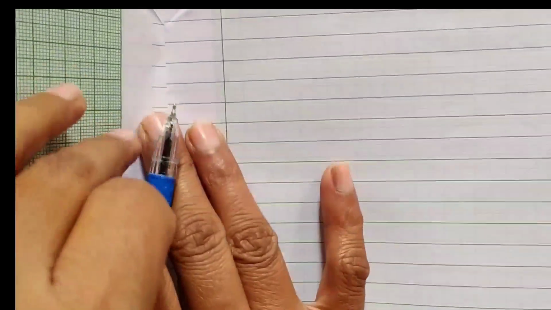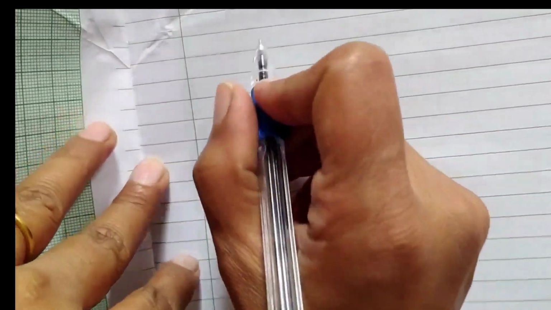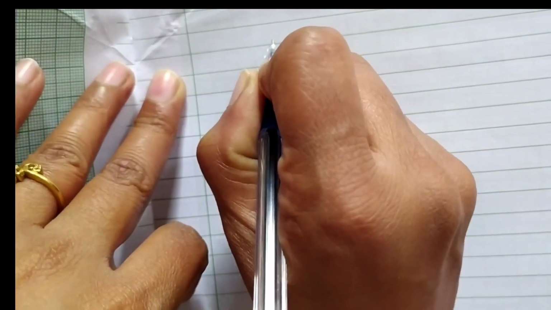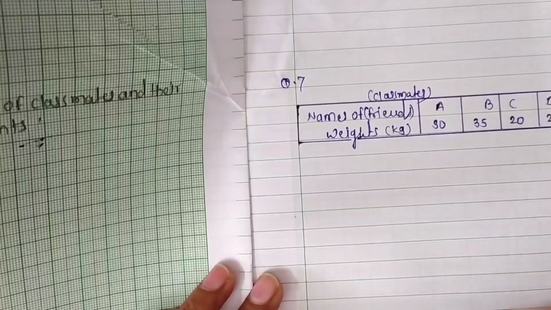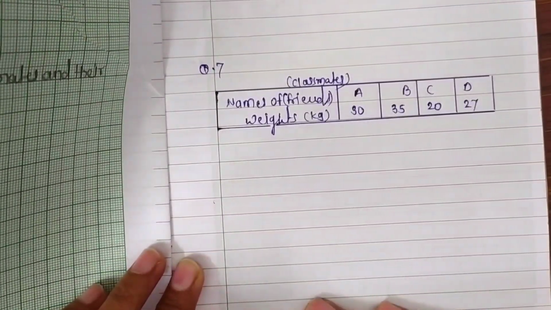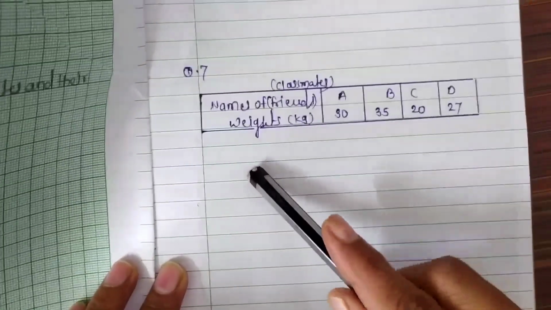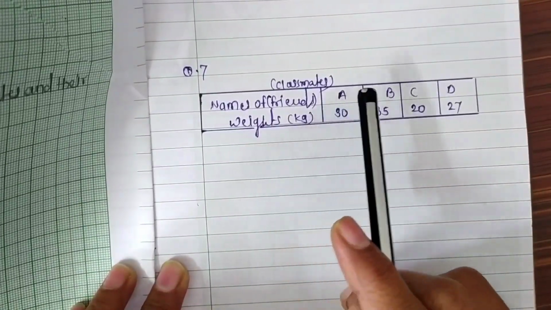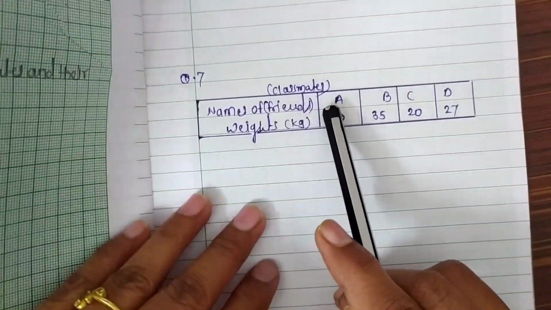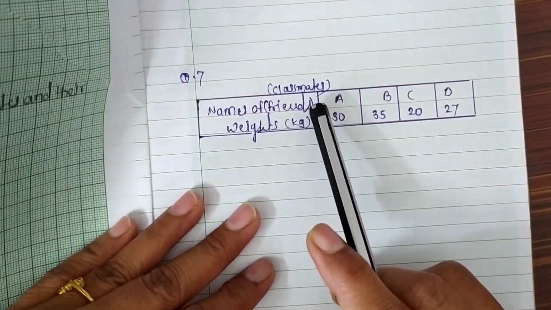First of all, we have to make a table of data for it. Suppose my friends' names are A, B, C, D. So for question number 7, I draw here a table of data of my classmates.